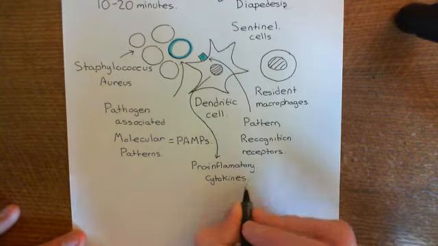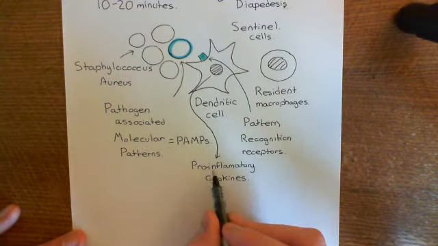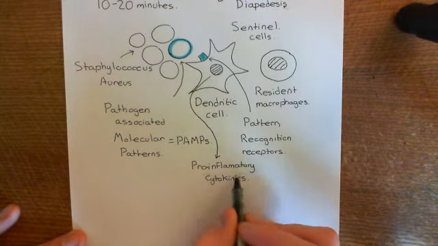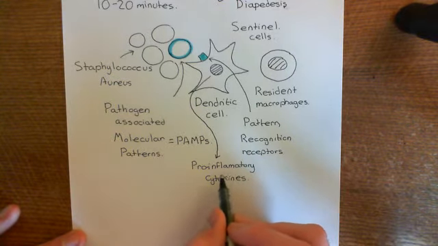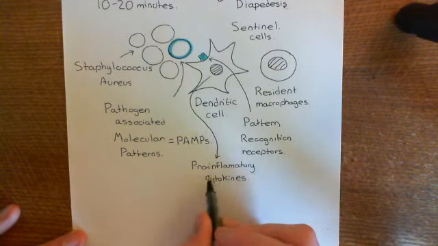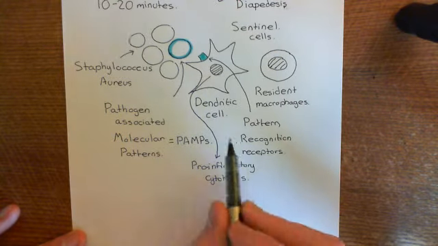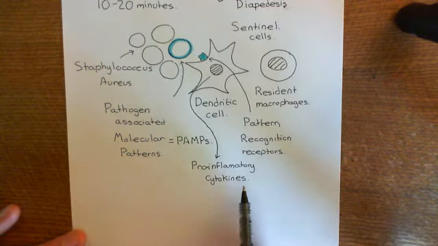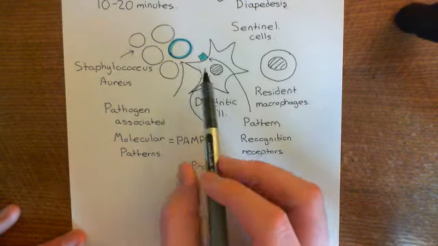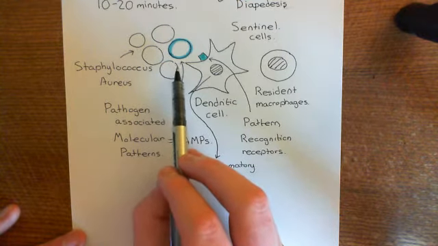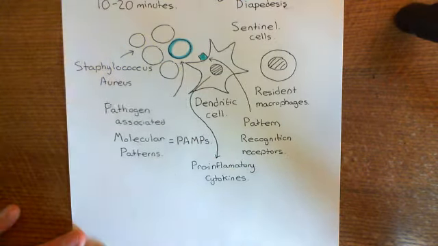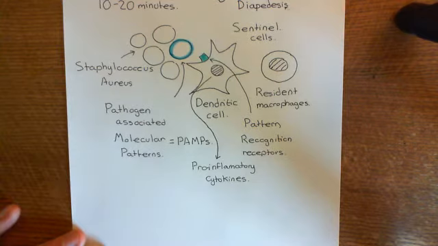However, cytokines are usually associated with immunological signaling between cells. Okay, so these pro-inflammatory cytokines are going to tell other cells that there is a major problem, basically, that there are pathogens within the tissue, that there is this Staphylococcus aureus within the tissue.